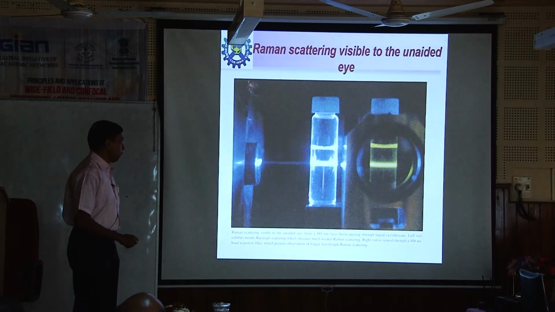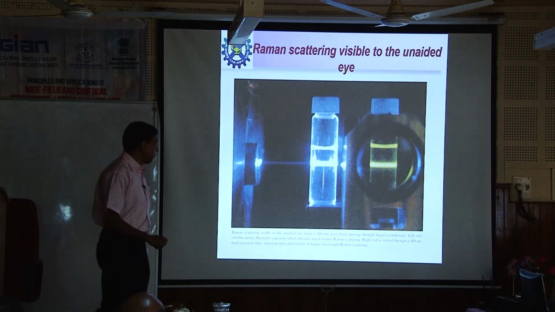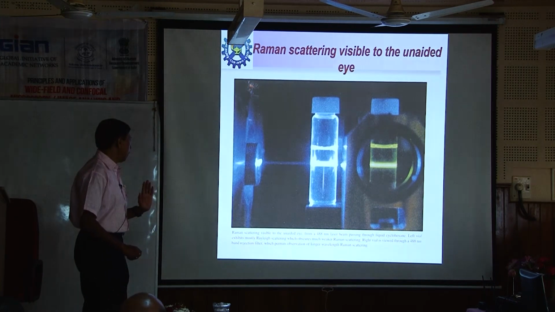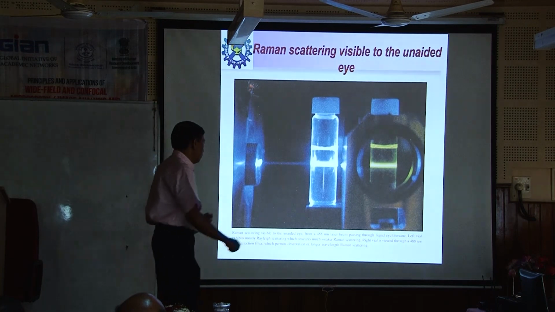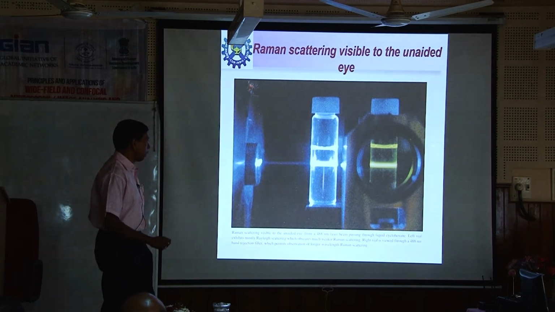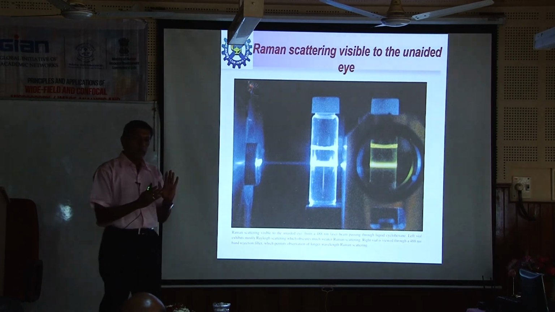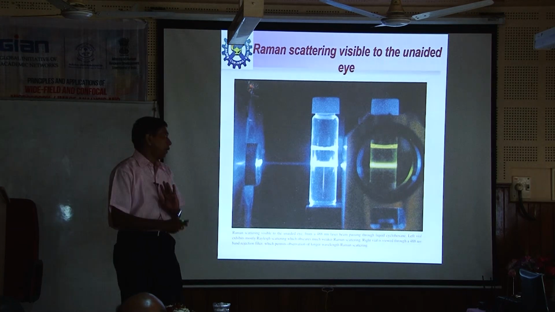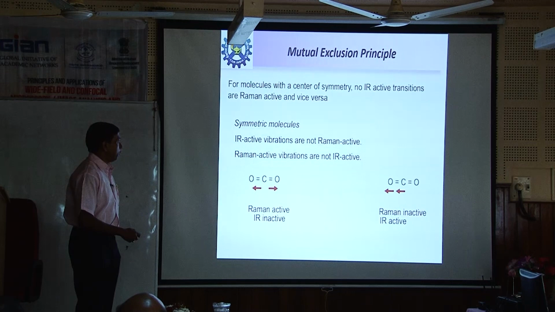But if you somehow filter off this Rayleigh scattering, you get this one on the right-hand side, which is the Raman scattering, at a longer wavelength. So, you may filter off the Rayleigh scattering and get the Raman scattering. This is one short example of how it comes out.